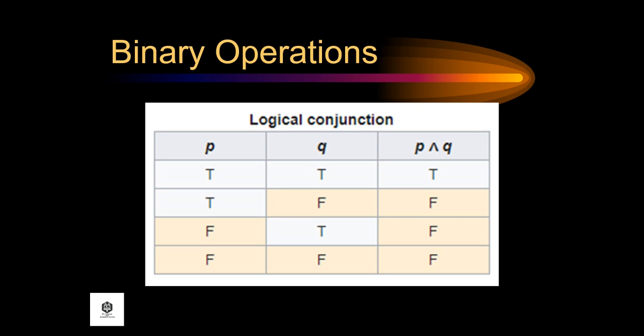T and T is equal to T, T and F is equal to F, F and T is equal to F, and F and F is equal to F. That is for the logical conjunction.